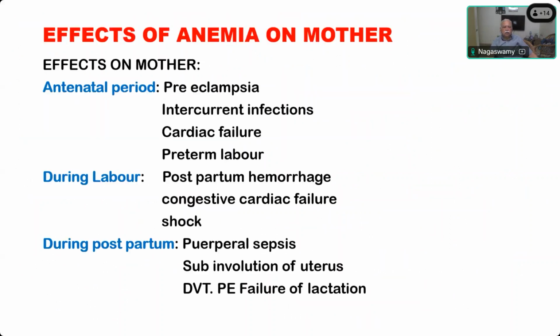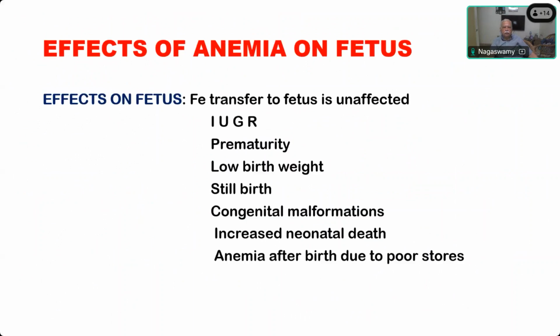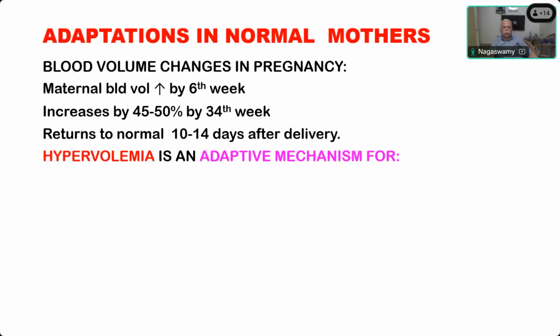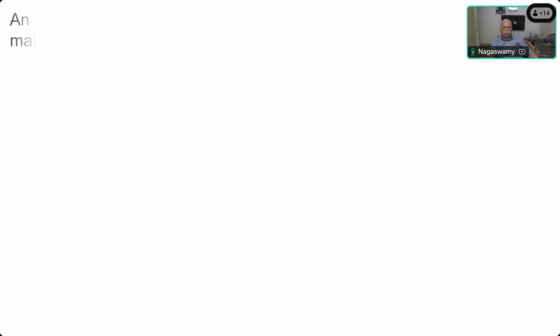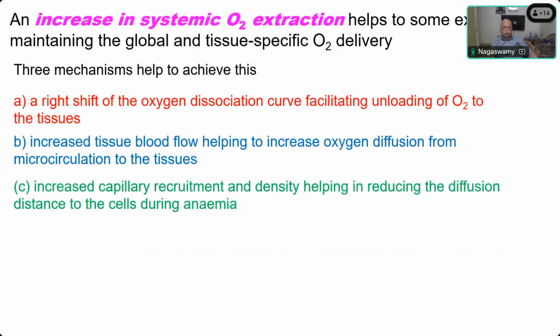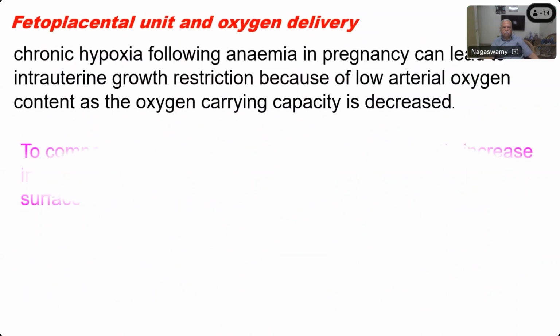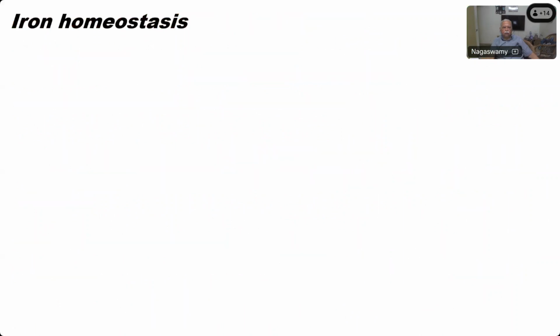Now, these are all plans made out for anemia in pregnancy. Adaptations we have already talked about. Now, iron homeostasis.